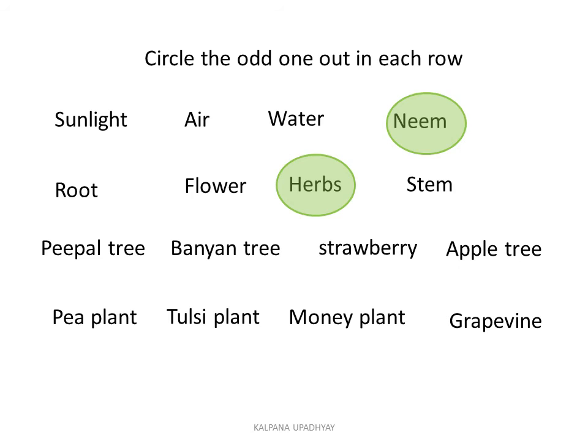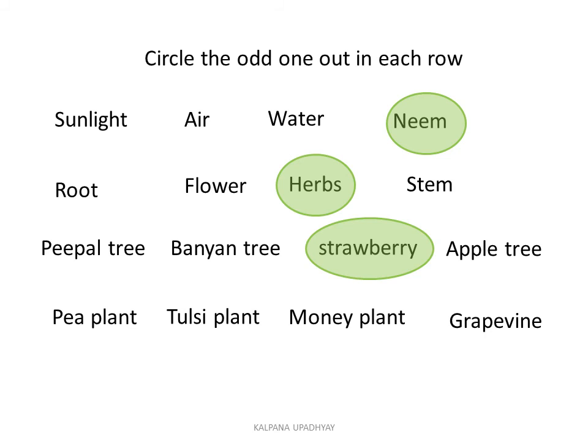Yes, herb is different because root, flower, stem are the parts of the plant. Peepal tree, banyan tree, strawberry, apple tree. Yes, strawberry is different because peepal, banyan and apple are the trees. But strawberry is a herb.